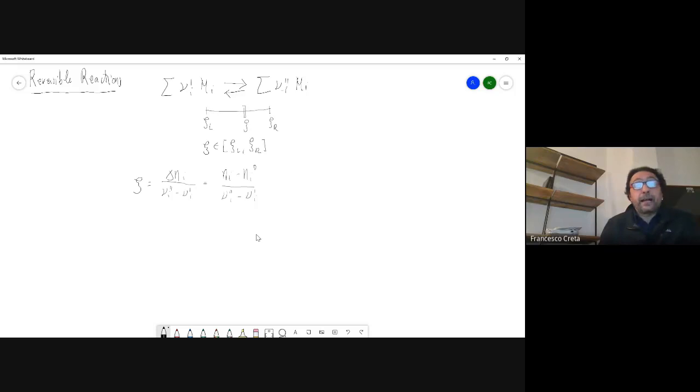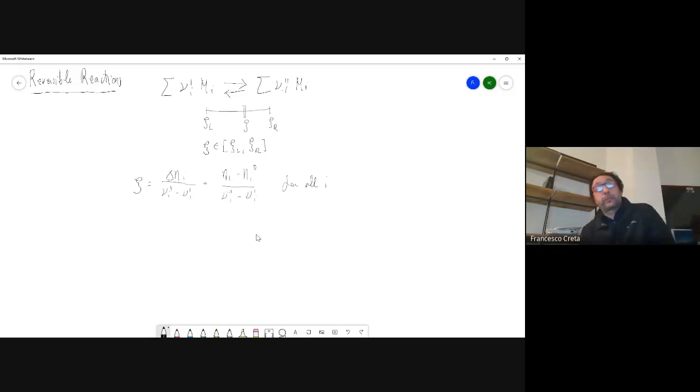And this is valid for all species, so for all i. Again, remember that Ni is our current composition, so depending on where I put my slider, you see, it's linearly related to psi.